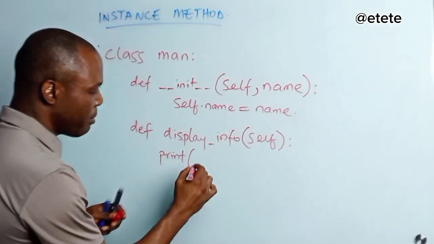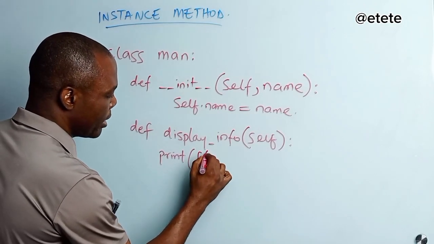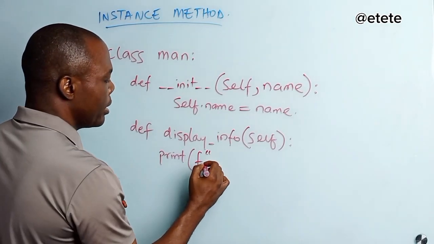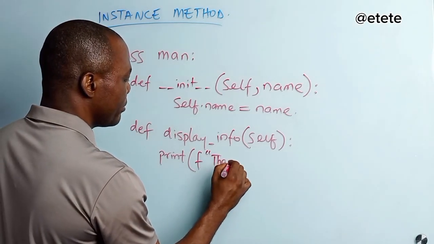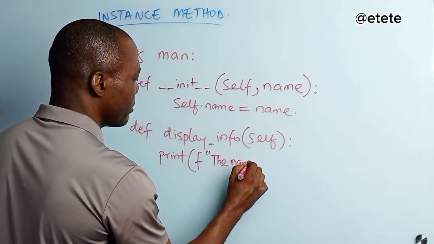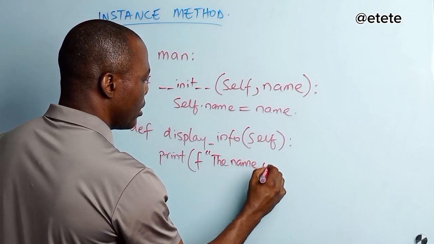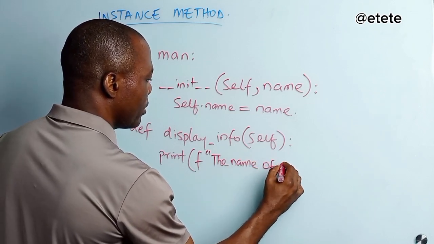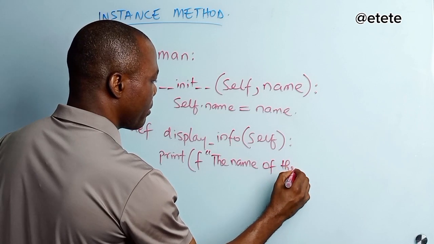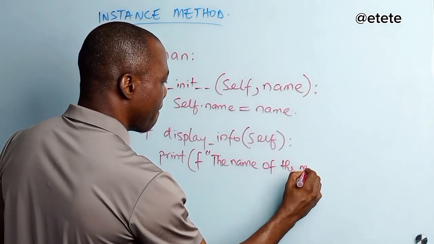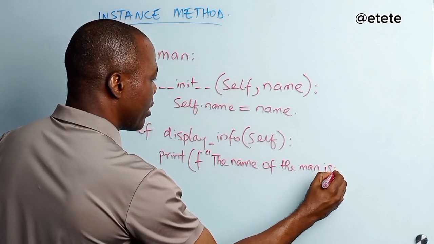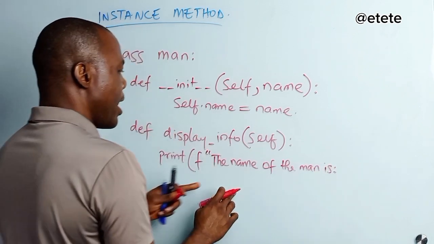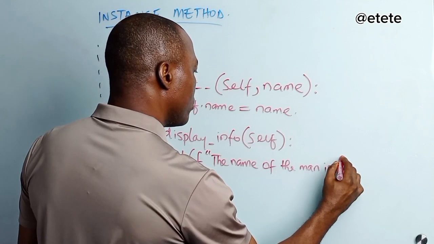I'm going to use a string literal, a format string. So in supplying a format string, I will say F, and then I will say double quote. Then in this place, I will write the name of the man is, then I'll put this here, and then I'll do this.